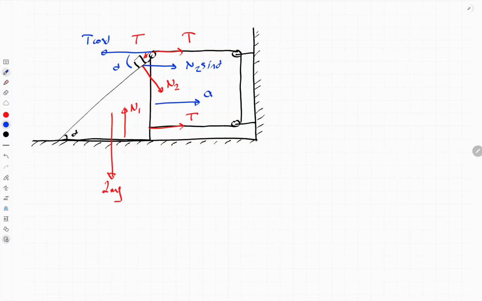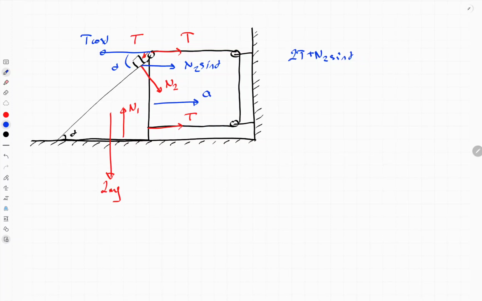So to the right we have T, N2 sine alpha, one more T. So basically 2T plus N2 times sine alpha. These are all forces acting to the right, and to the left we have T cosine alpha. This should be equal to the mass of the inclined plane times the inclined plane's acceleration.